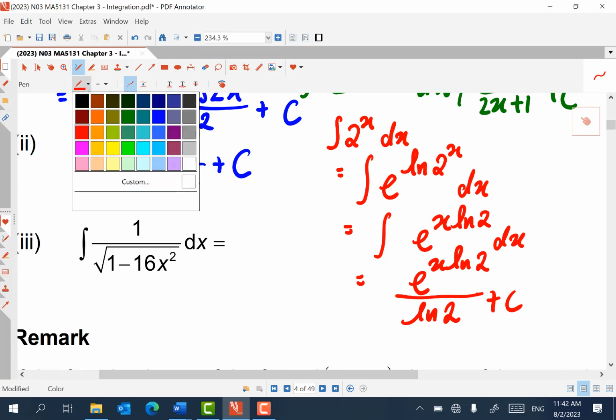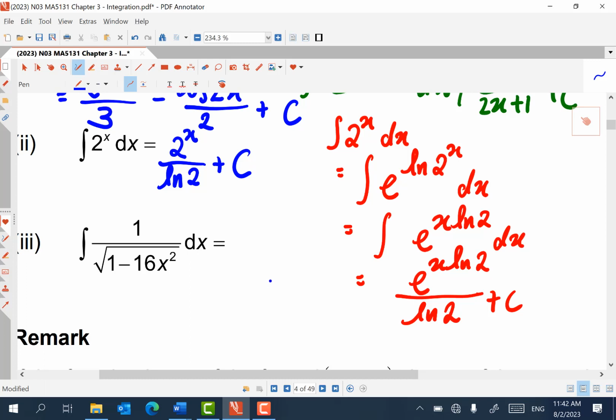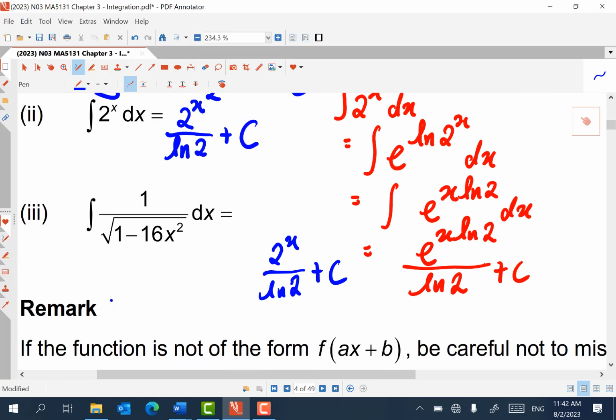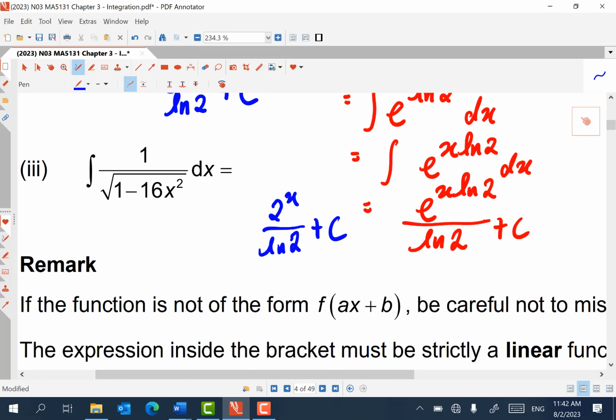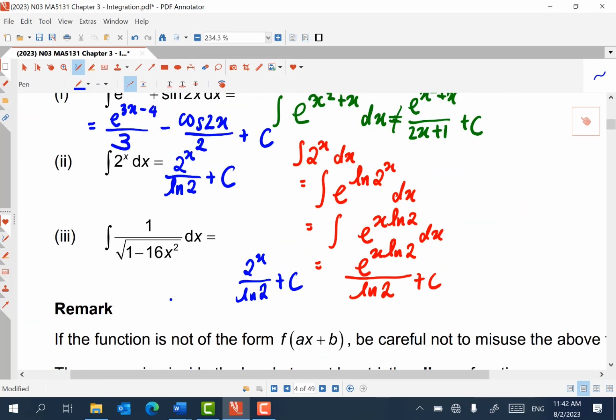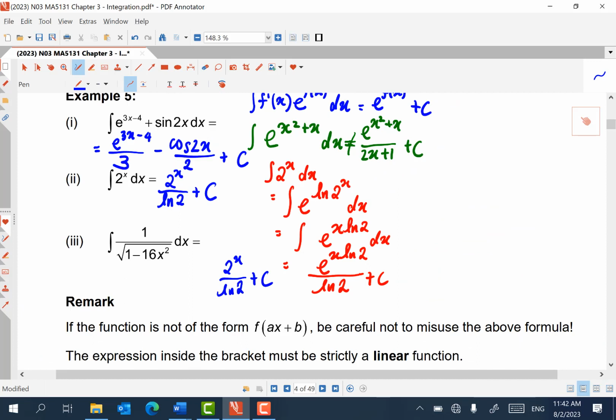The e power x ln 2 is simply 2 to the power x. That's right. Okay. Let me make it smaller so you can see it in totality. You realize it's all what you did in the lower years, like in year 3 or year 4, right?